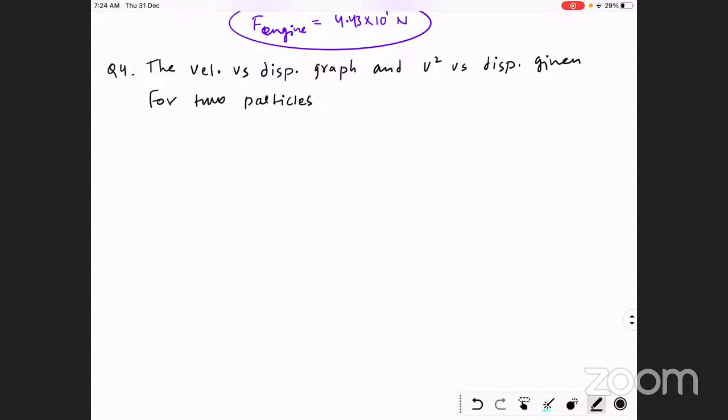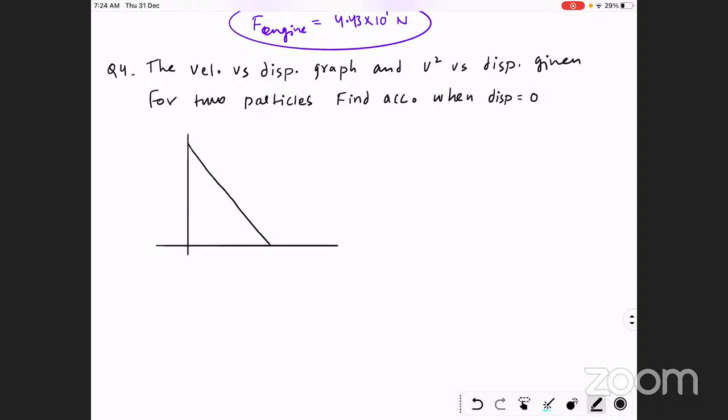Find acceleration when displacement is 0. दो अलग अलग पार्टिकल है. एक के लिए v वर्सेस x ग्राफ दिया है. ये 20 मीटर पर सेकंड एंड वेलोसिटी 0 है जब वो 50 मीटर पर है.